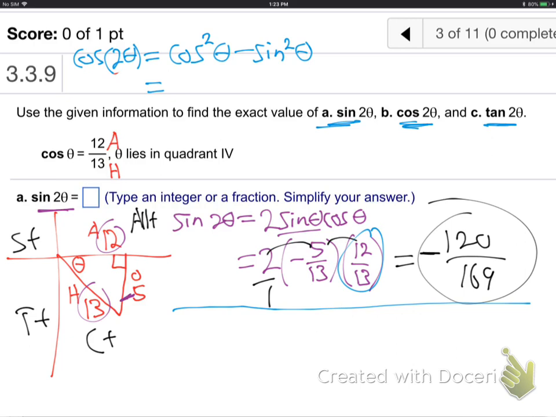Cosine is what it was a minute ago, 12/13. So this will be 12/13 squared. And what is sine? What it was a minute ago. Minus 5/13 squared. We good there?